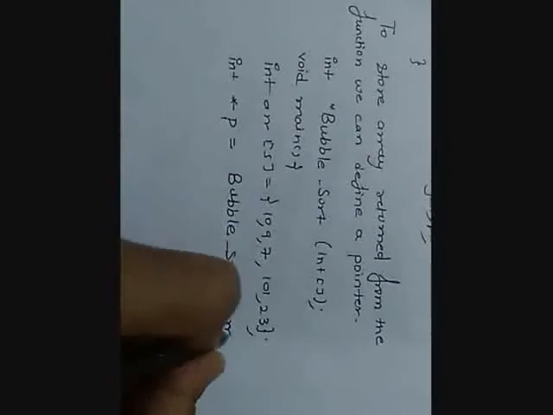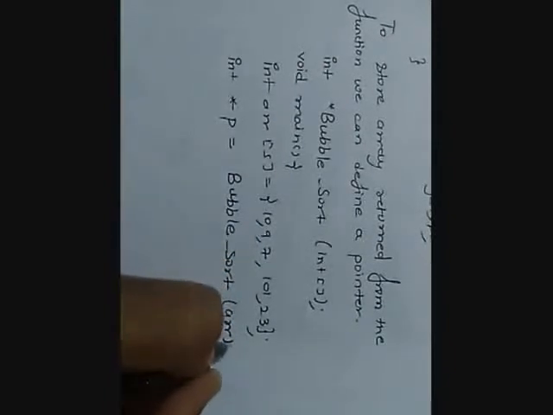Now, void main, inside the main function we have declared an array of 5 elements, for example 10, 9, 7, 101, 23. Now here we have defined a pointer p, and in this pointer we have passed the function value, that is bubble sort, and inside that the array name and value i.